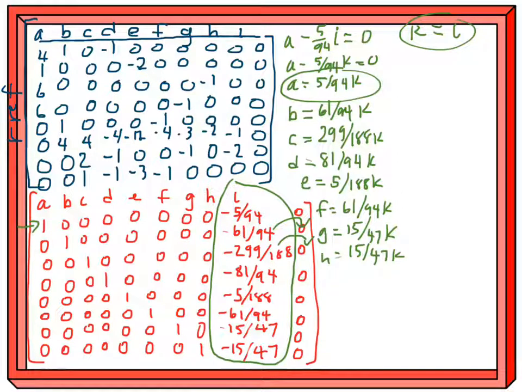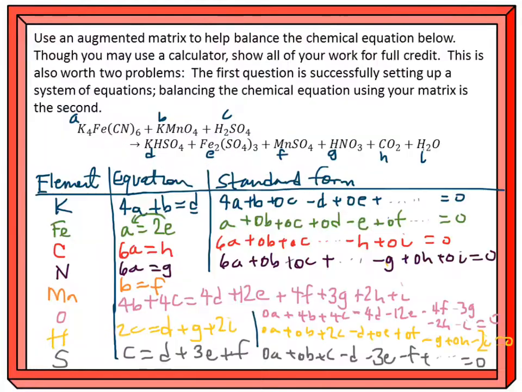Now what we have to do is pick a value for k to make all of these fractions disappear. The reason why is because when we're looking at this chemical equation, you can't have, say, a half of one of these molecules, because that doesn't make sense. We can't break that molecule in half. We're just rearranging all of the atoms in each one.